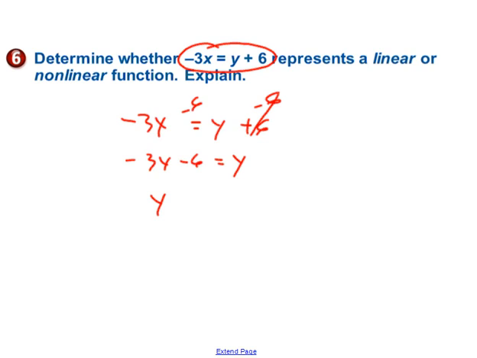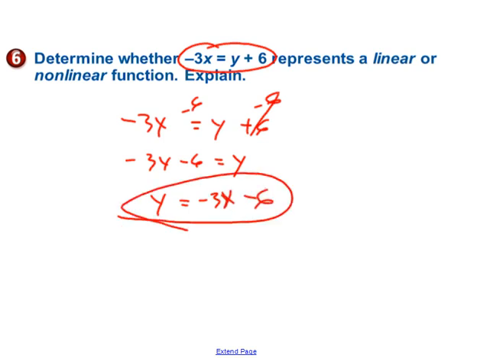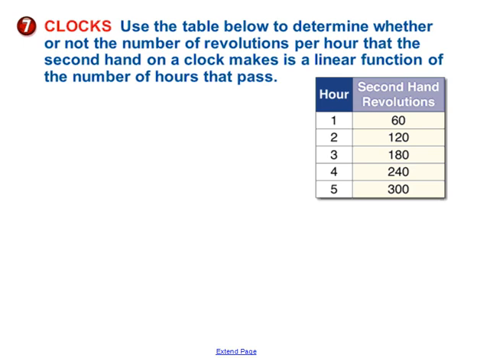Or I could say y is equal to negative 3x minus 6. So this is in the y equals mx plus b form, with a slope of negative 3 and a y-intercept of negative 6. So it is a linear equation.